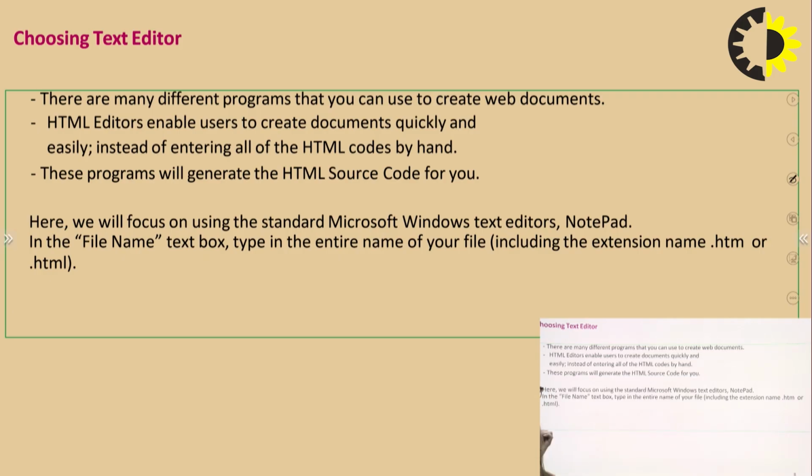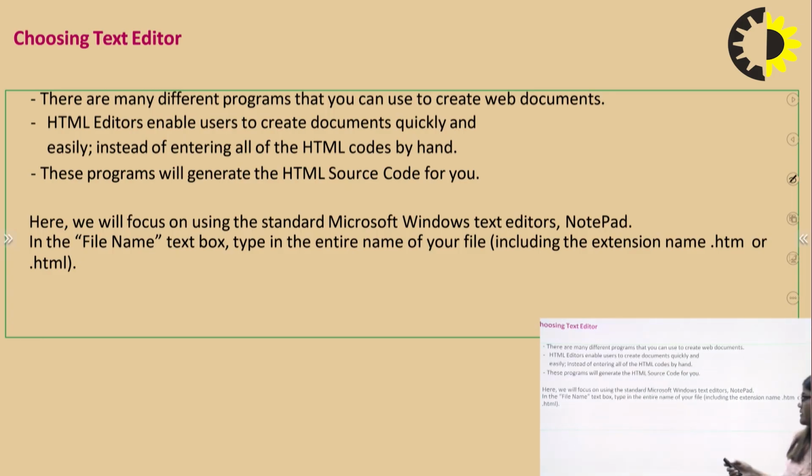Here we will focus on the standard Microsoft Windows text editor, Notepad. As I have already told you, in simple Notepad we can write any HTML programming, and it will be saved with the extension .html or .htm, and the content will display on the browser according to our Notepad programming.